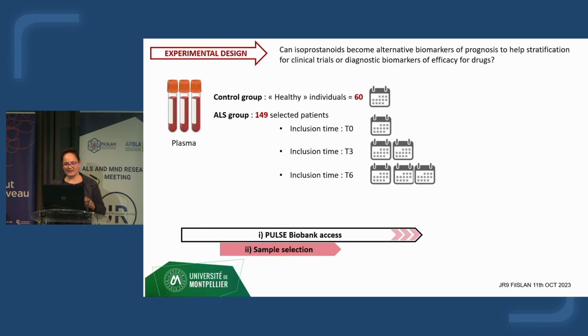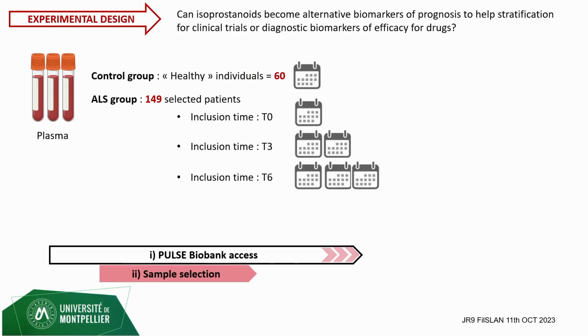Now, to achieve our goal and to answer the question, we have designed the following experimental plan. We are working with plasma samples coming from a biobank, and we have 16 healthy individual plasmas that constitute the control group.